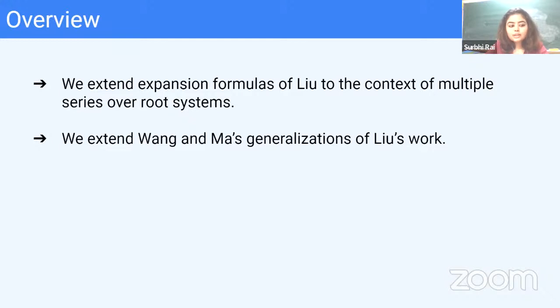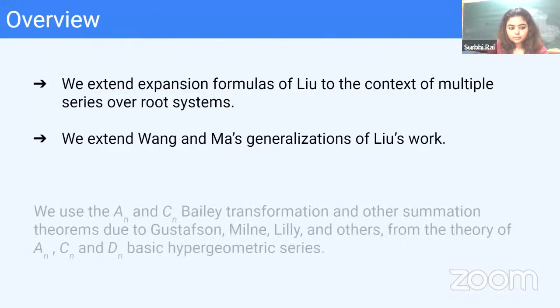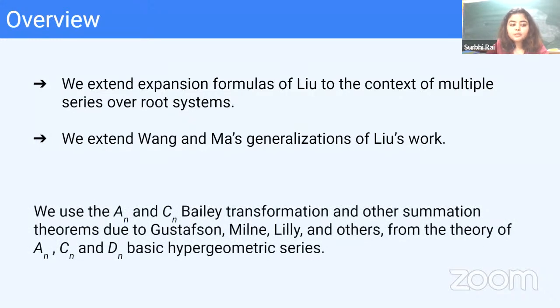We have derived some multivariable transformation formulas over root systems that extend Liu's transformation formulas for basic hypergeometric series. Further, we have generalized an expansion formula using the techniques of Xinrong Ma and Jin Wang. Throughout, we have made use of A_n and C_n Bailey transform matrices and other summation and transformation theorems given by Gustafson, Milne, Lilly, and others.